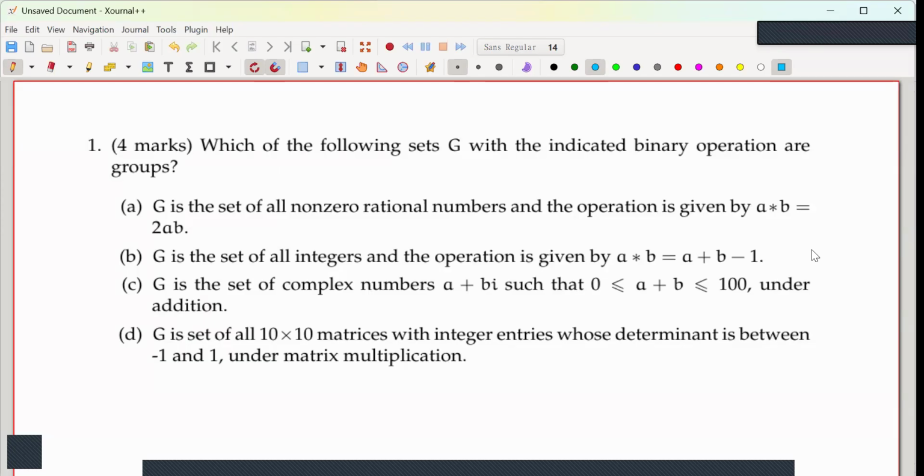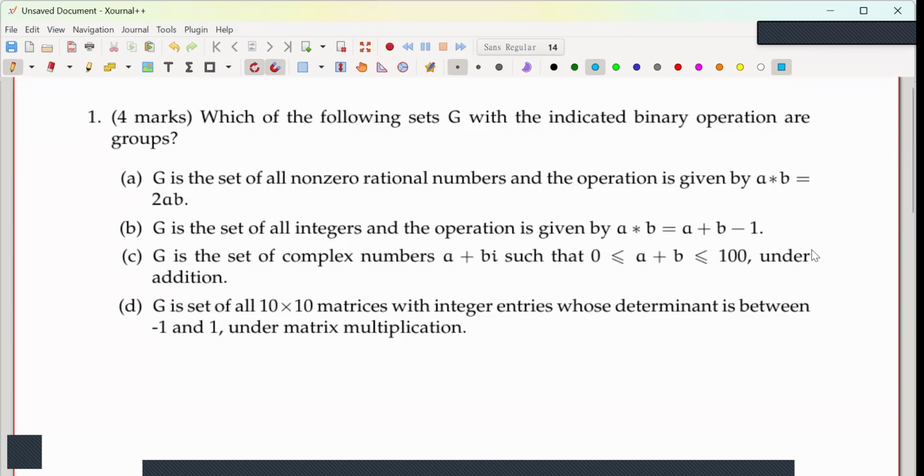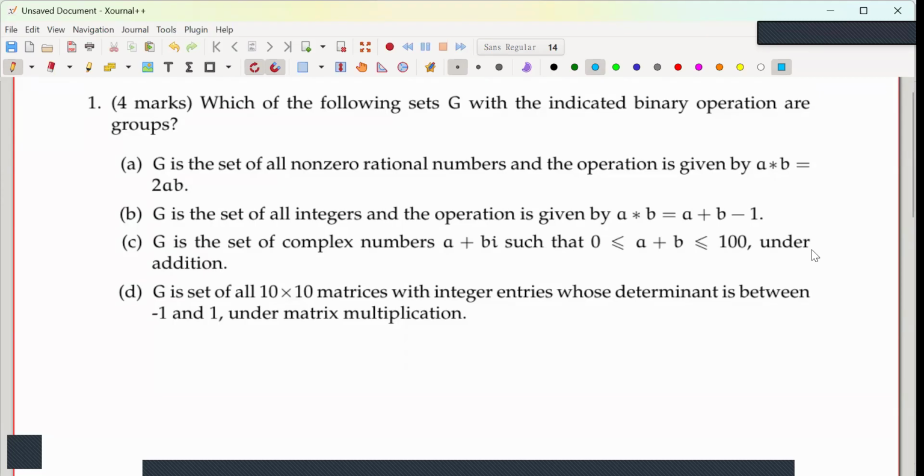So will it be a group now? First of all, is it a binary operation? Although it's given that all the operations are binary operations, we should also check whether they are binary operations. Can someone tell me whether the first one is a binary operation?